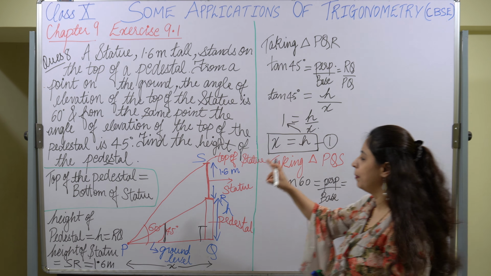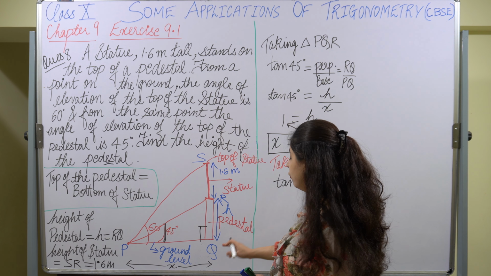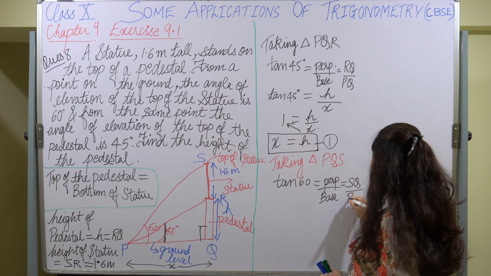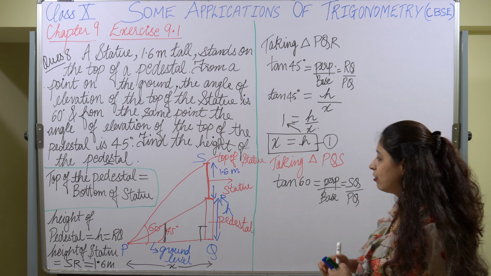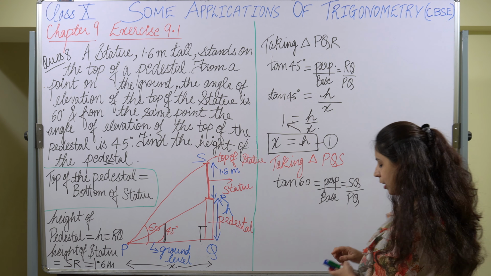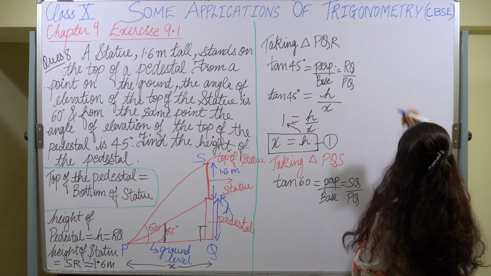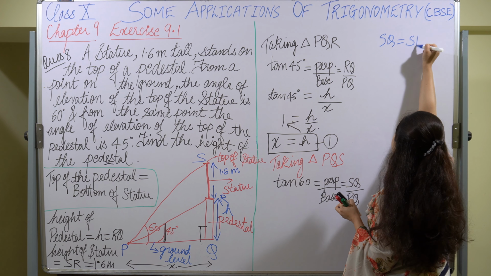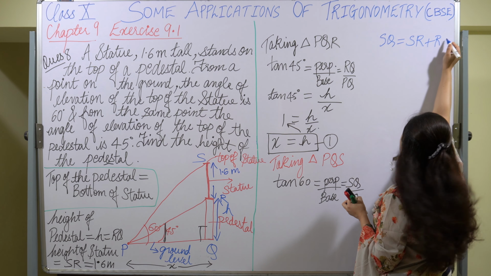Here the perpendicular will be SQ and the base is PQ. Again we can clearly see SQ is made up of SR plus RQ. So we can write SQ is equal to SR plus RQ.